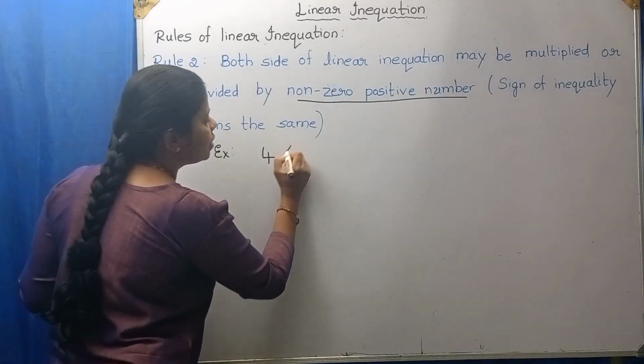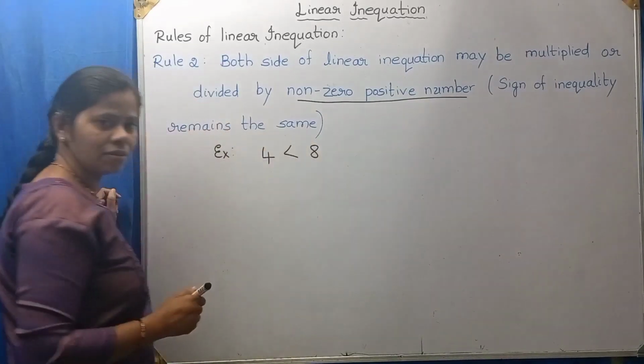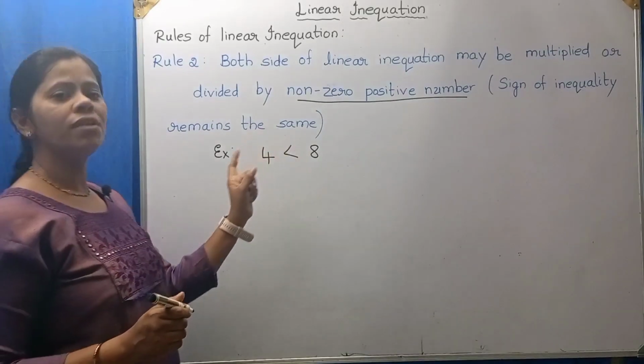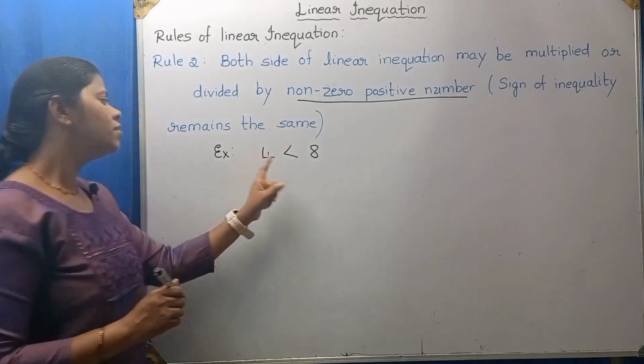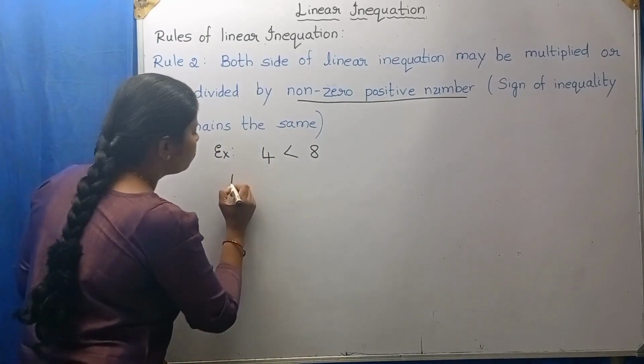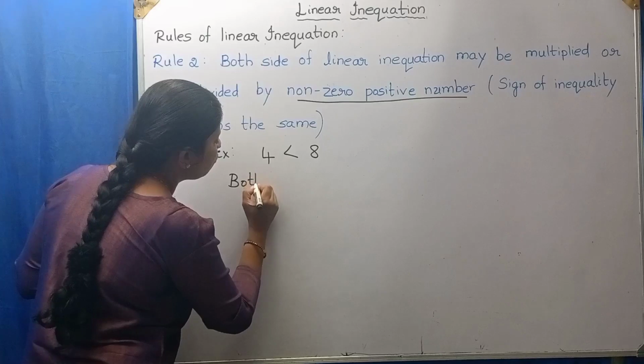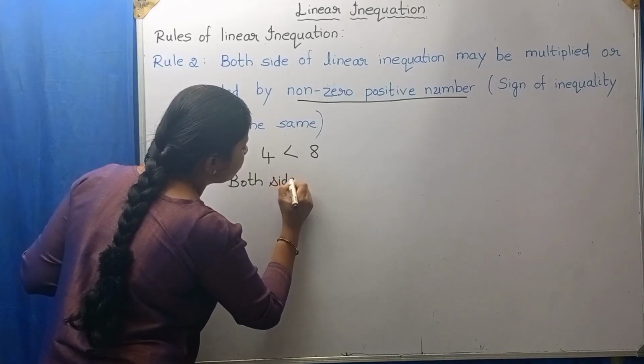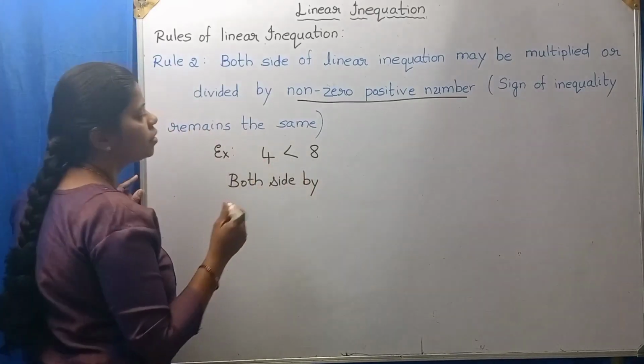Now let me explain this by using the example. 4 is lesser than 8, and all of you will agree with this, right? Suppose I multiply both sides by 3.